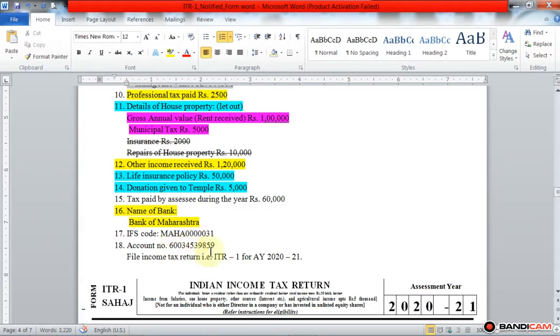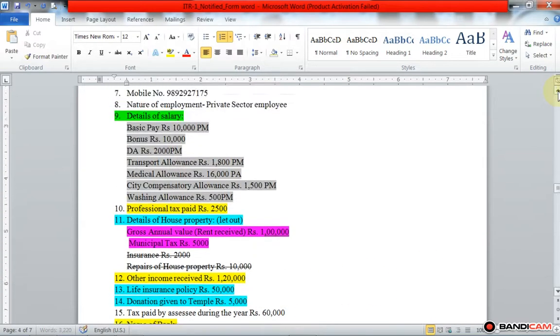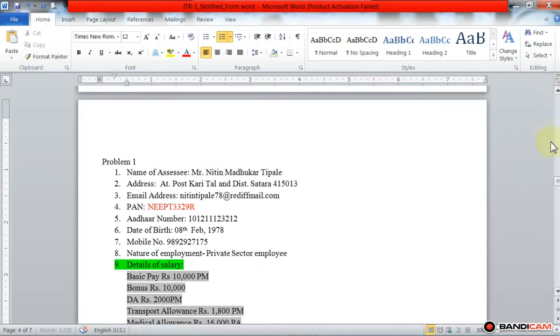Then account number 60034539859. Then file income tax return, that is ITR-1 for AY 2020-21.